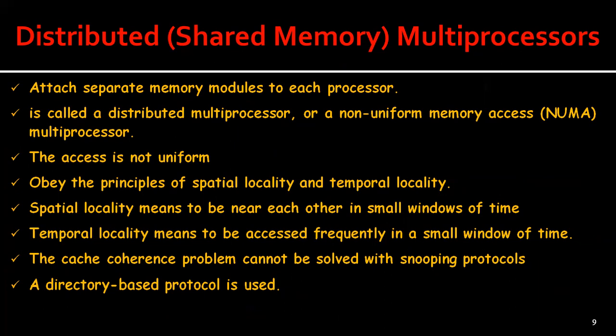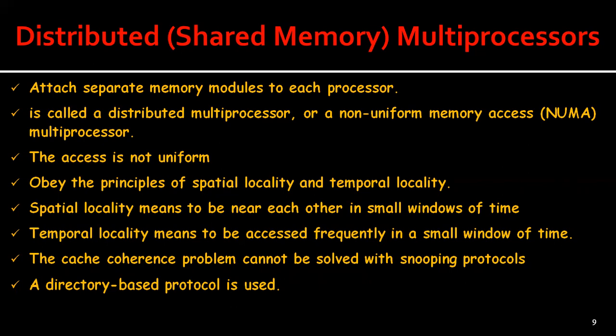When all the processors can access the memory modules attached to all other processors, it is called a distributed multiprocessor or a non-uniform memory access multiprocessor, that is NUMA multiprocessor, because it is much faster to access the local memory attached directly to the processor than the modules attached to other processors. So in this case the access is not uniform, hence the name.